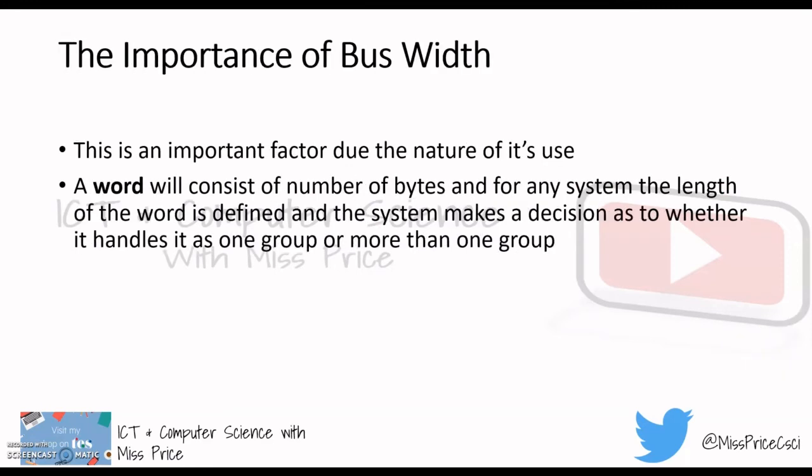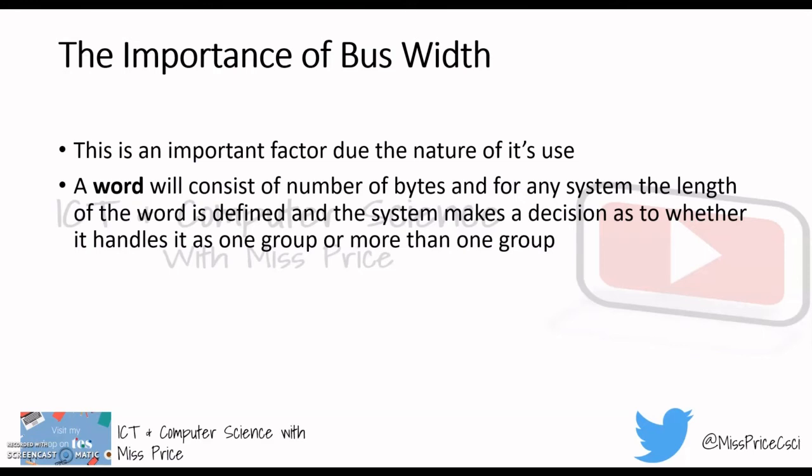Now, there is an importance of bus width, but it's not necessarily a major factor because of its nature of use. But the computer still needs to make a decision. Depending on the number of bytes, how big the word is, the computer needs to decide whether to handle it as one group or more than one group.